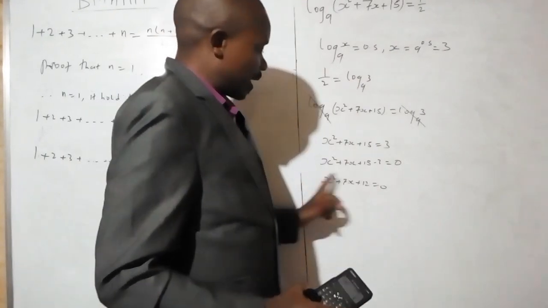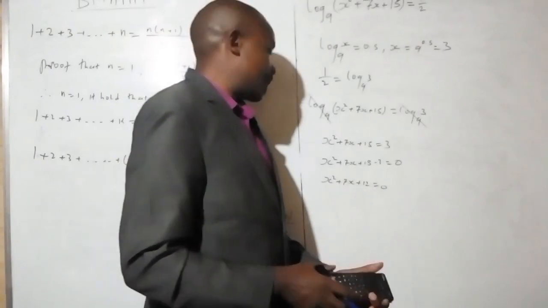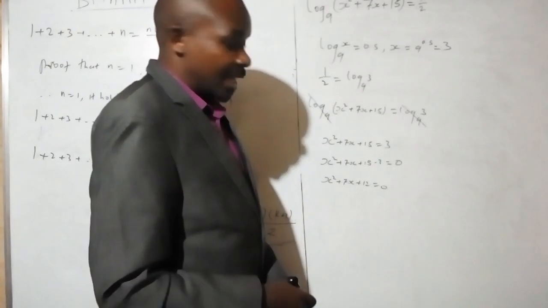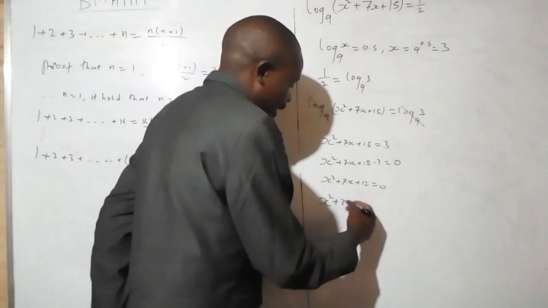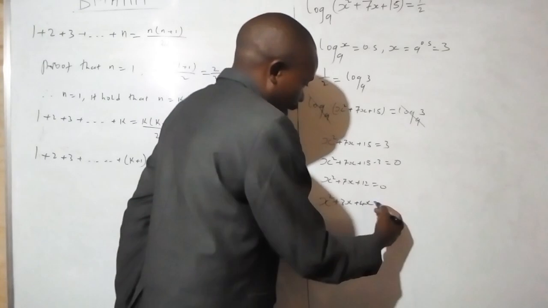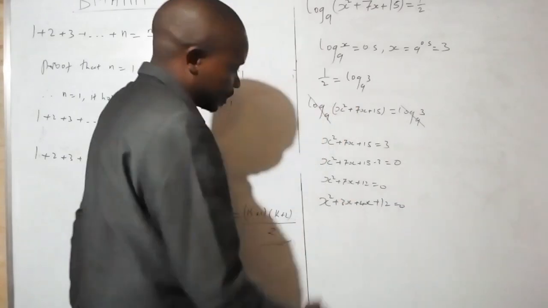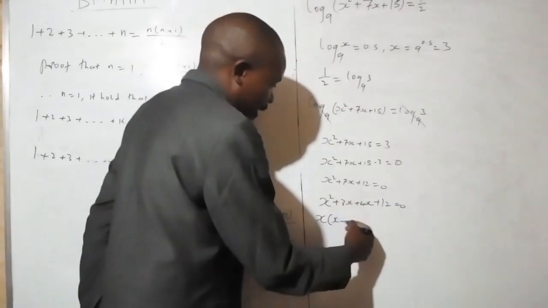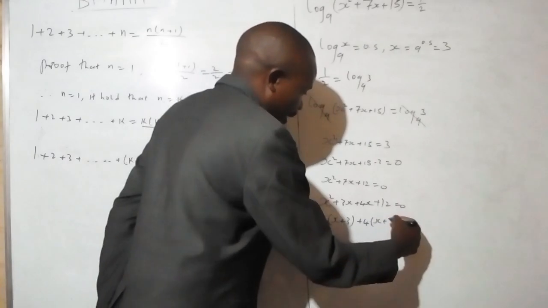The factors of 12 that will give us positive 7 are supposed to be 3 and 4. And therefore x squared plus 3x plus 4x plus 12 is equals to 0. X times x plus 3 plus 4 times x plus 3 is equals to 0.